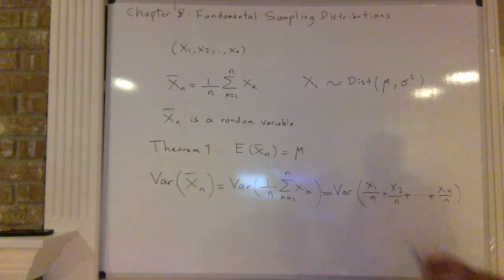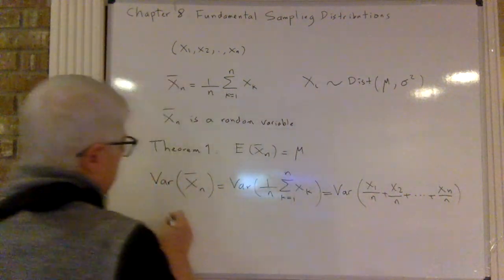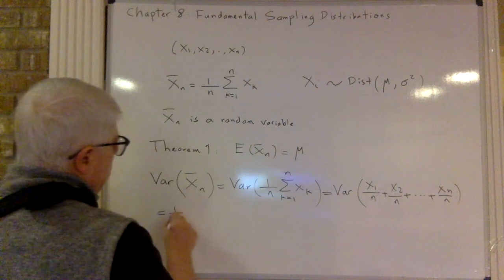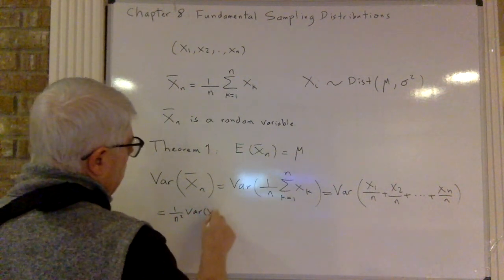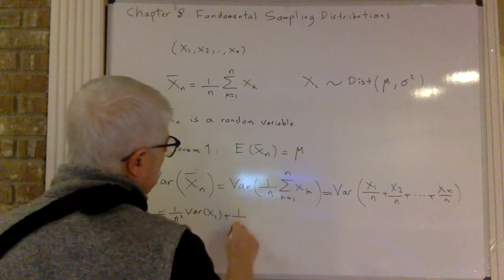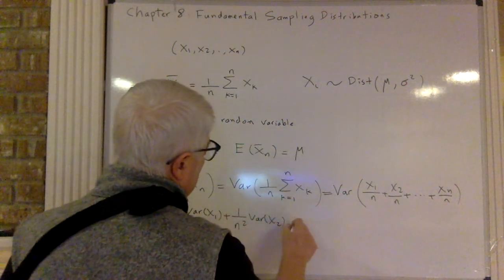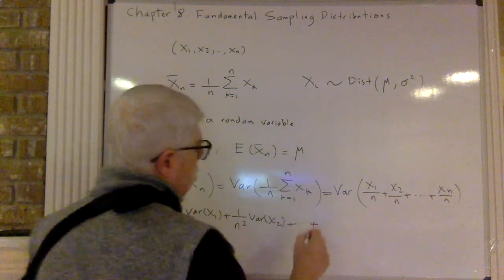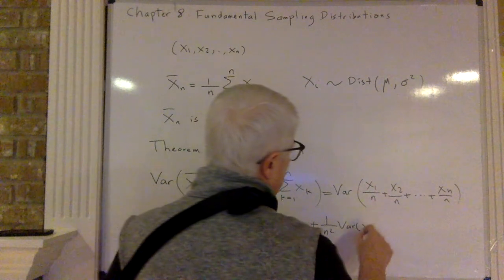So each one of them will have 1 over n squared. So this equals 1 over n squared variance of x1 plus 1 over n squared variance of x2, up to the last one, 1 over n squared variance of xn.